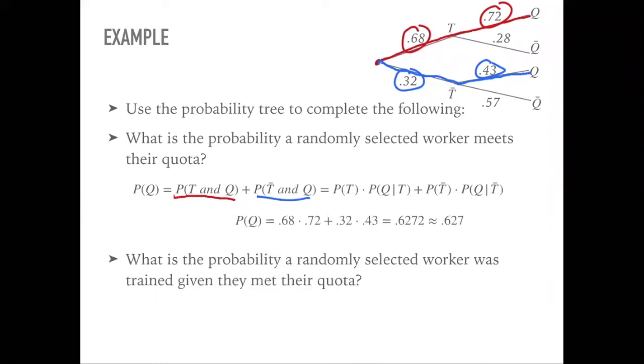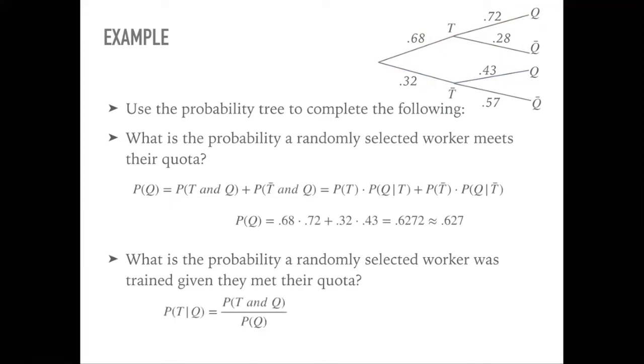Now, I could go a step further and ask, what's the probability the randomly selected worker was trained given we know they met their quota? Trained given they met their quota means P of T vertical bar Q. We've figured most of this out before.